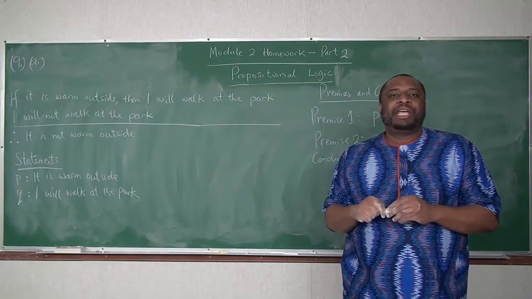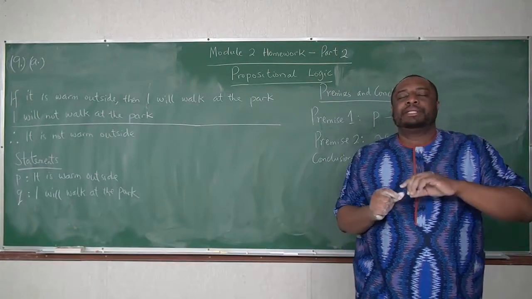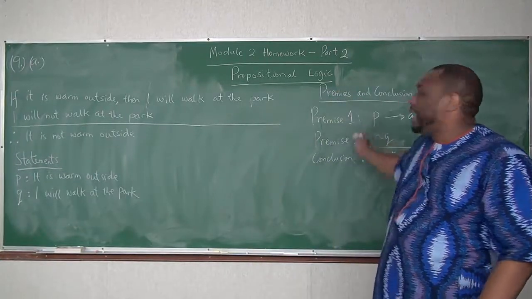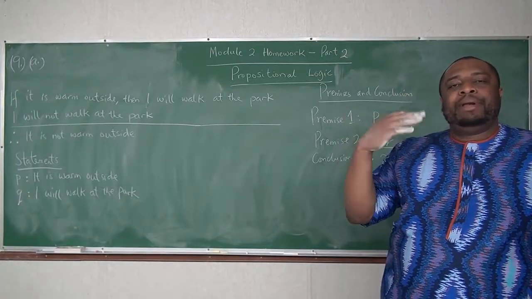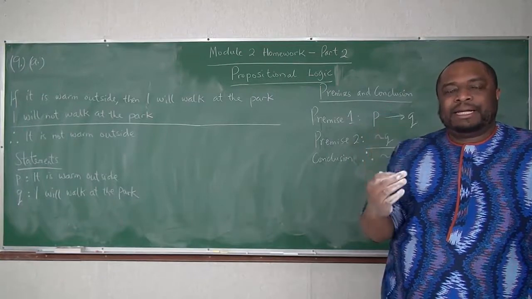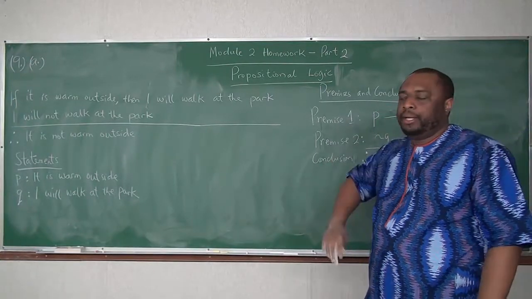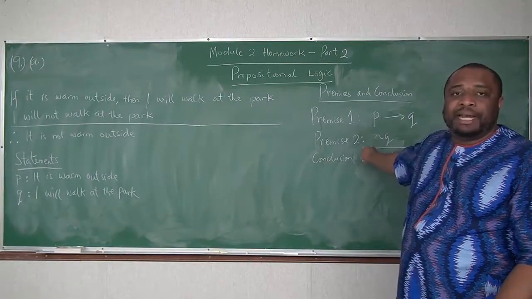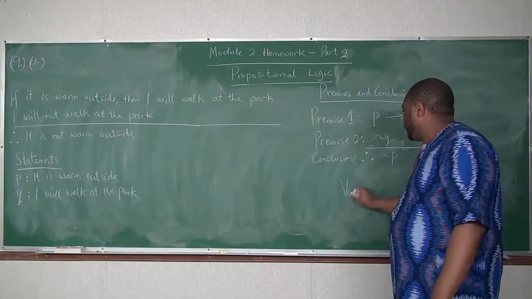Third method is by comparing the symbolic argument with the standard forms of valid arguments and the standard forms of invalid arguments. If you compare this with the standard forms of valid arguments, you will see that this is a valid argument.